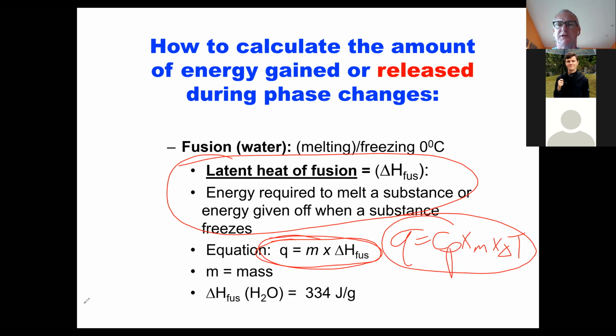There's a difference in the expression. CP? Yep, that's one thing. We don't have a heat capacity anymore.